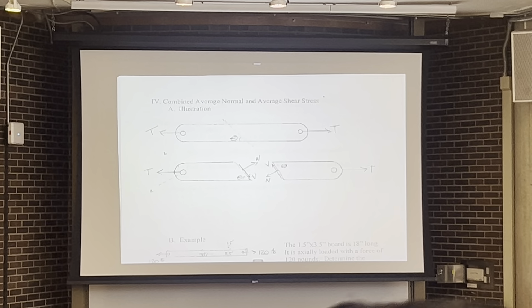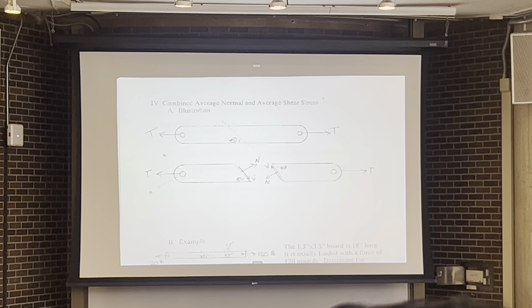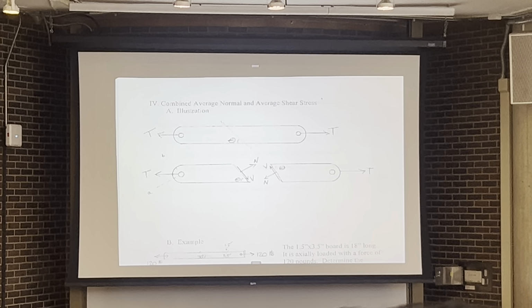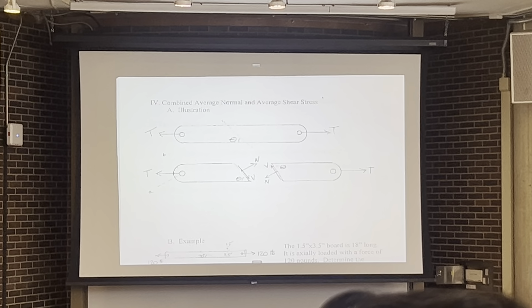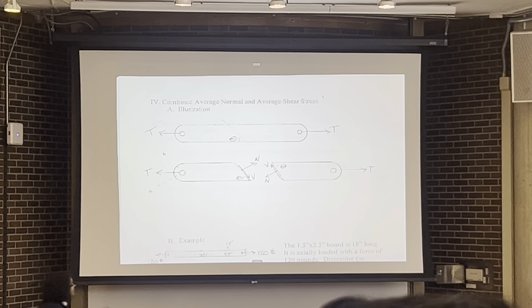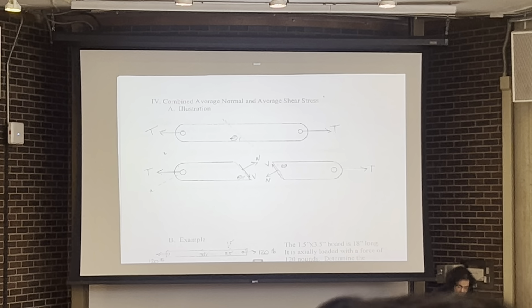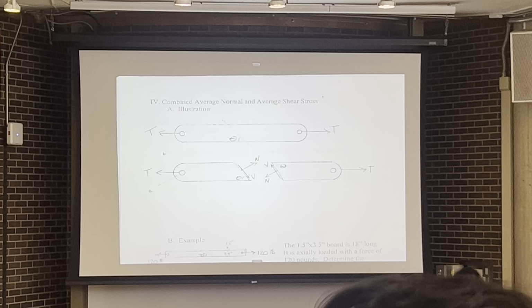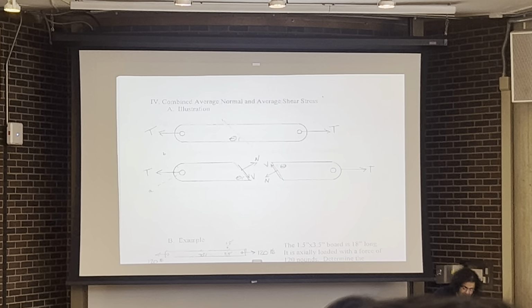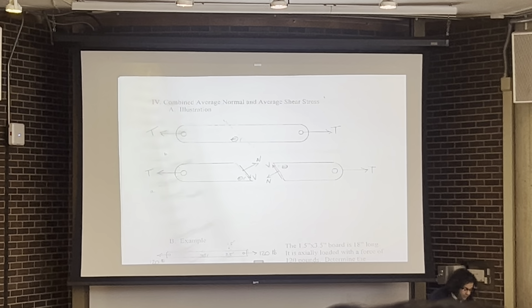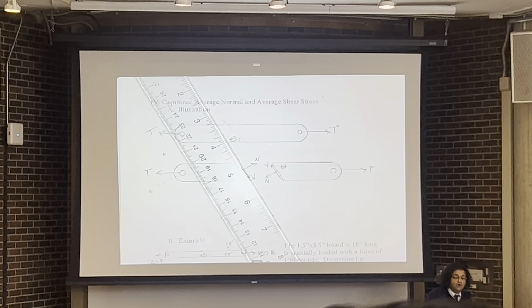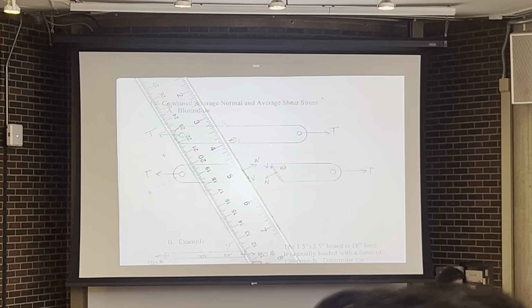How about if you look at some sections that are not perpendicular to the line of axis of this member? For example, if I look at this inclined section with the angle of theta, what do you say? On this section, do we have a normal force, a shear force, or both?